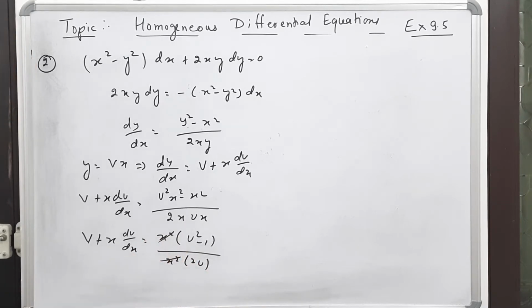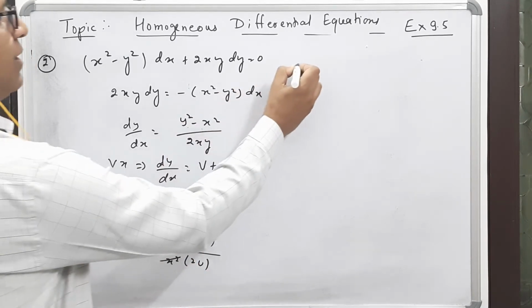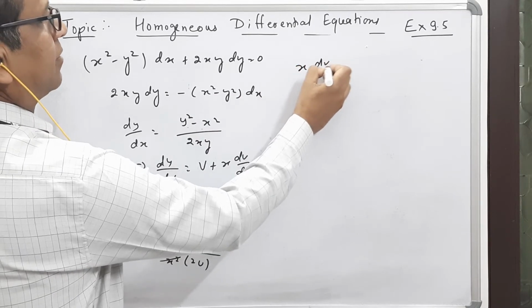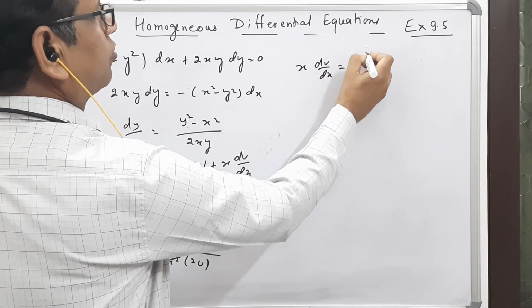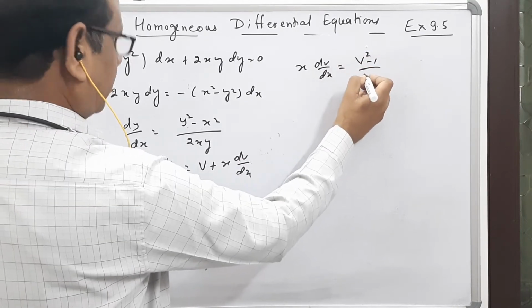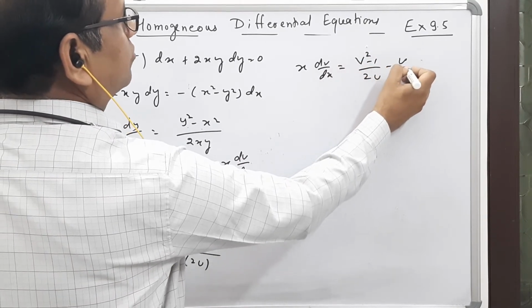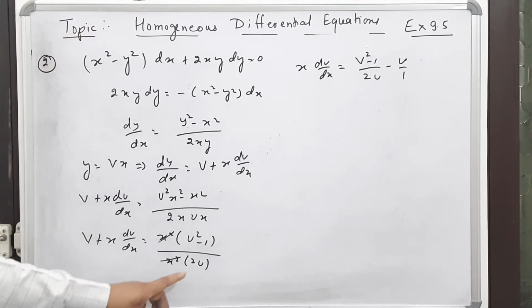This x square and x square cancelled, and in the next step, x dv by dx equals v square minus 1 upon 2v minus v upon 1. Please see this now.